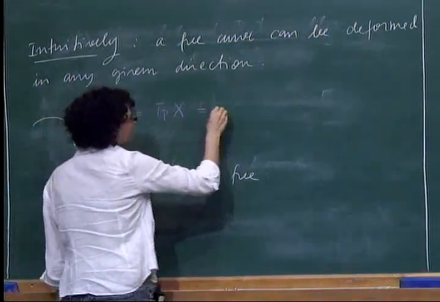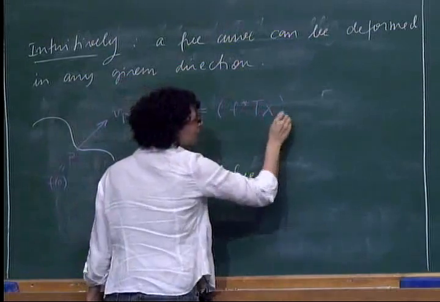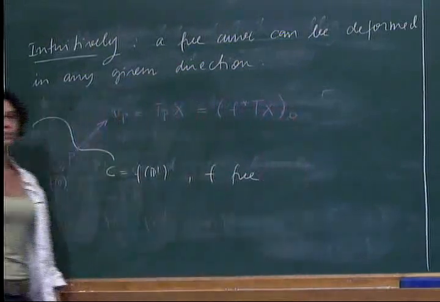And we can identify this with the fiber of the pullback of the tangent bundle at 0.